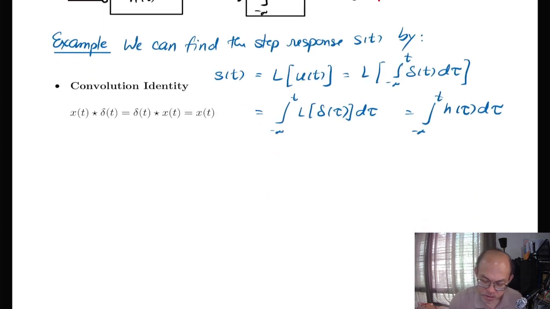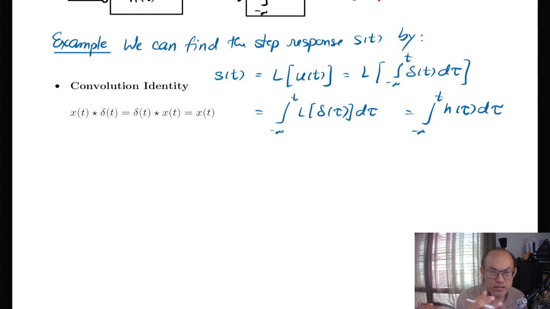Okay. Now the next property is called convolution identity. It states that any function when convolved with the unit impulse, the outcome would be the same function. Just like when you multiply any number with 1, you're gonna get that number back. So 1 is called the identity of multiplication.